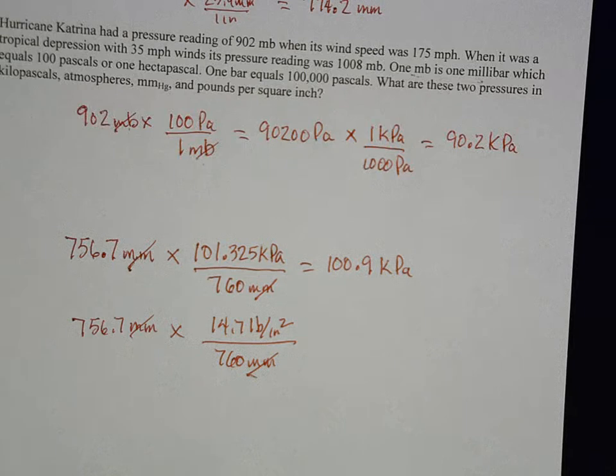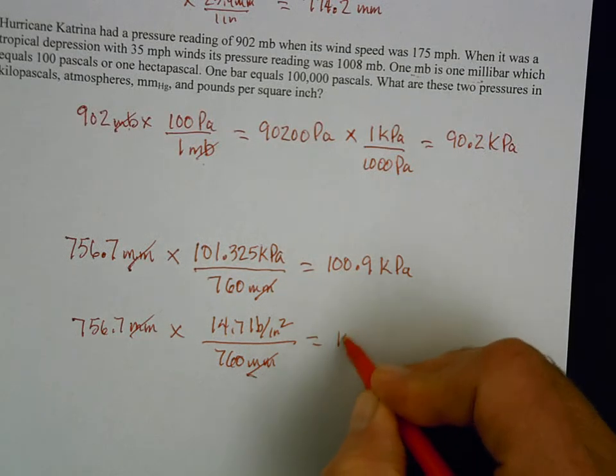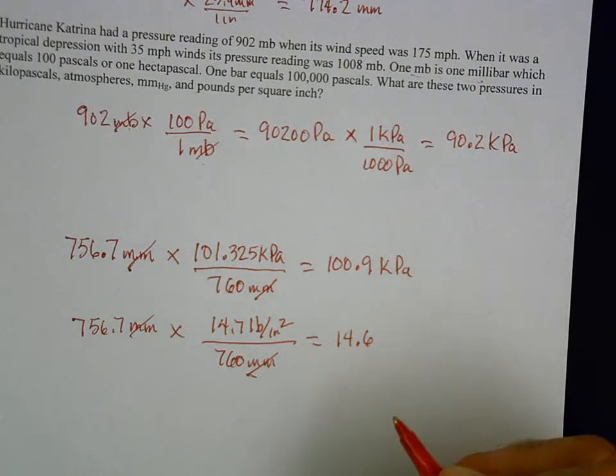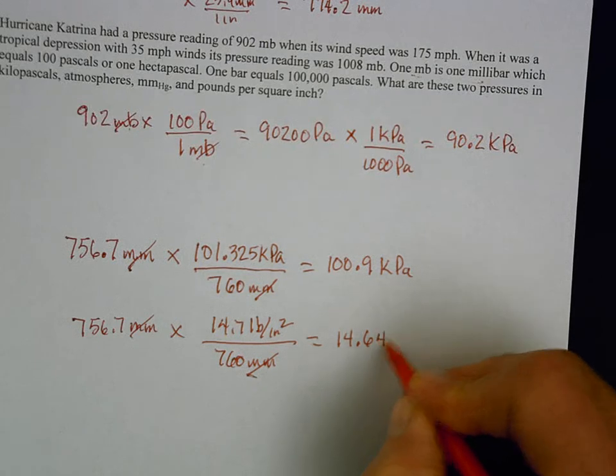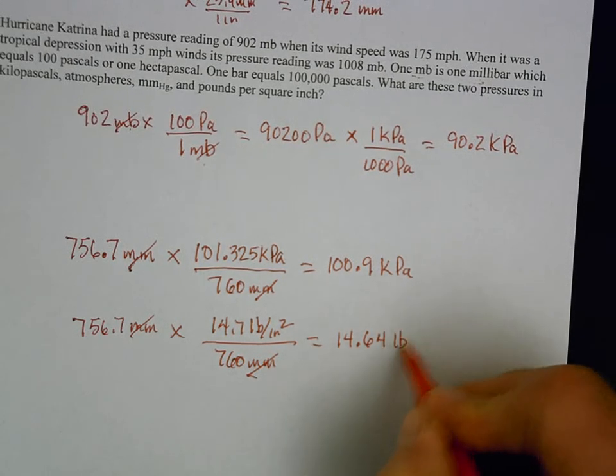And so in this case, 756.7 times the 14.7 divided by the 760, and let's make sure I do that right. I ended up with 14.64 if you want an extra digit, and then this one's pounds per square inch.